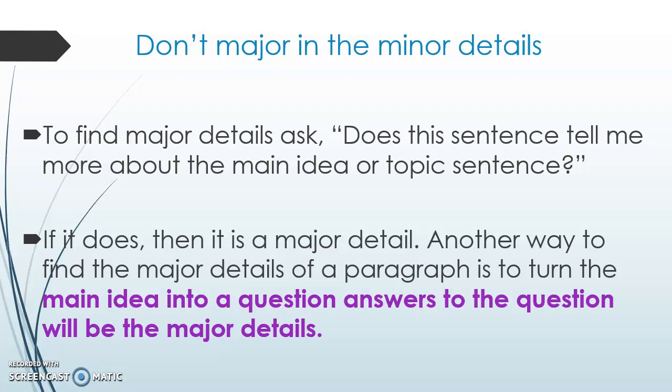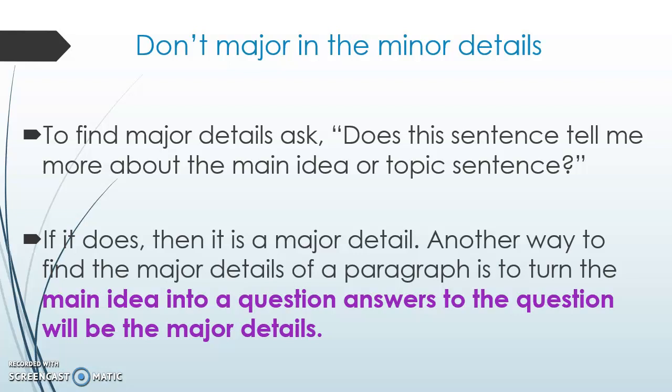So to find a major detail, what we do is we ask ourselves this question. Does this sentence tell me more about the main idea? Does it tell me more about the topic sentence? Does it tell me more about the topic that's being discussed?